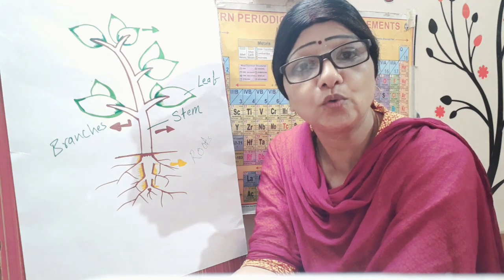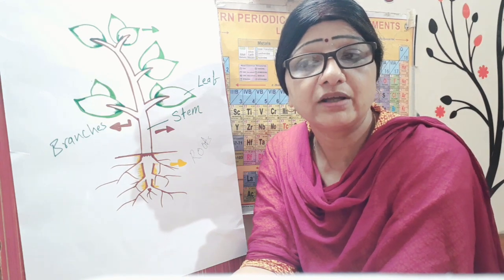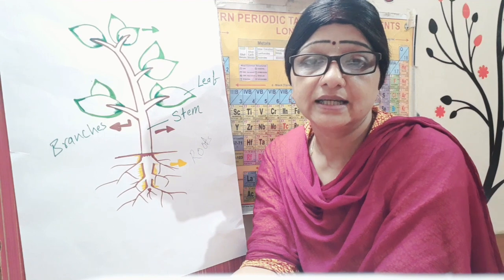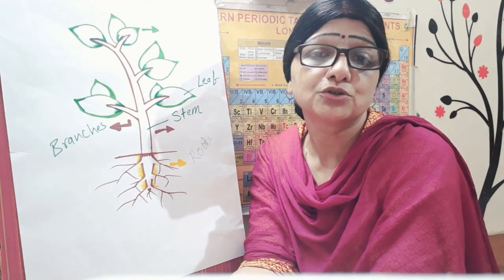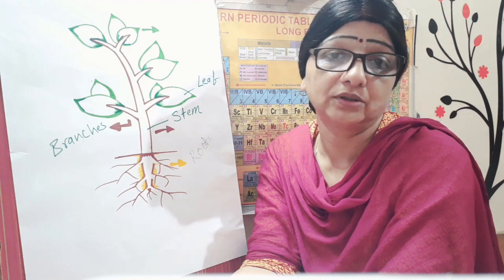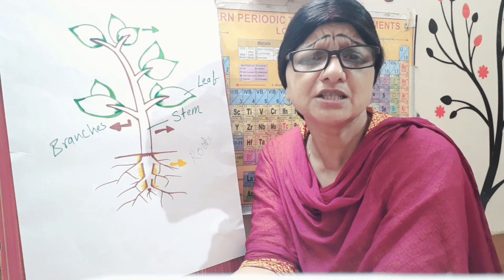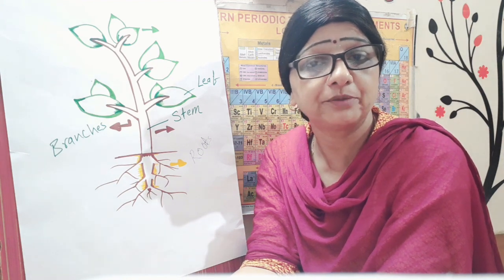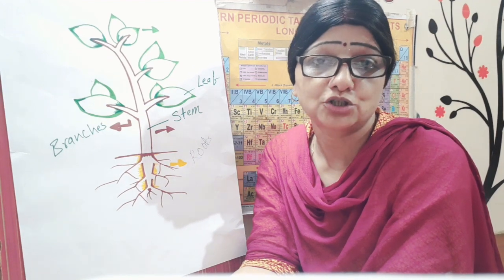Leaves are known as the kitchen for the plant, isn't it? So when the roots absorb water, it is sent to leaves and leaves use water and minerals to prepare the food for the plant. So the main function of the root is to absorb water and minerals from the ground and to fix the plant in the soil.